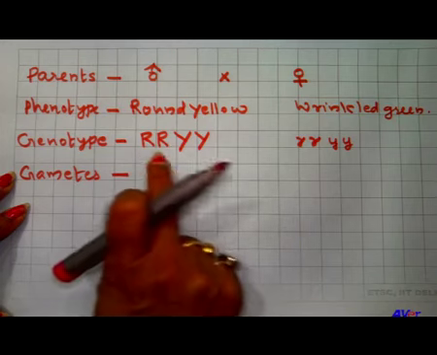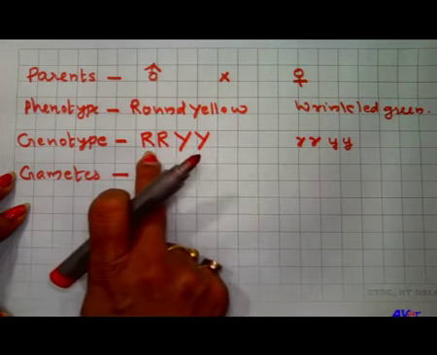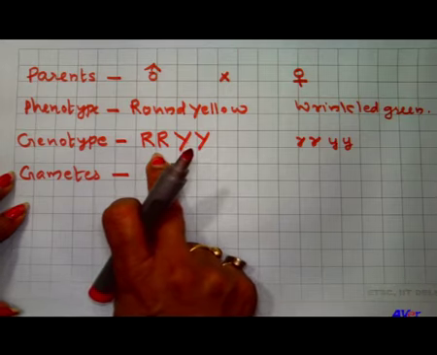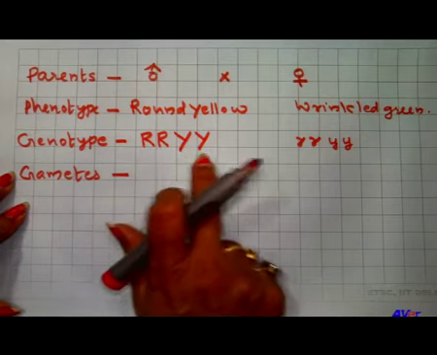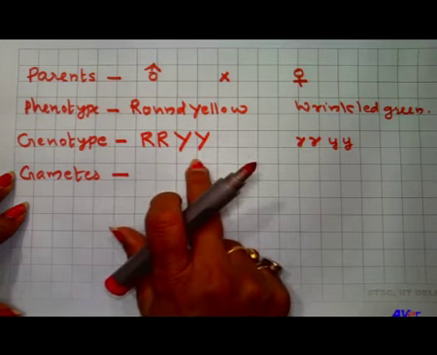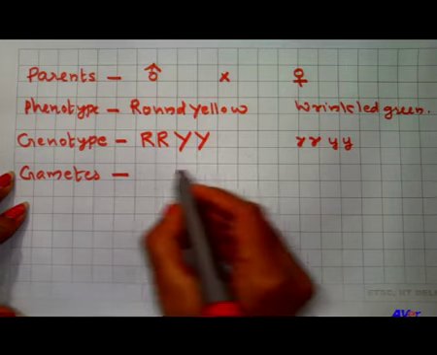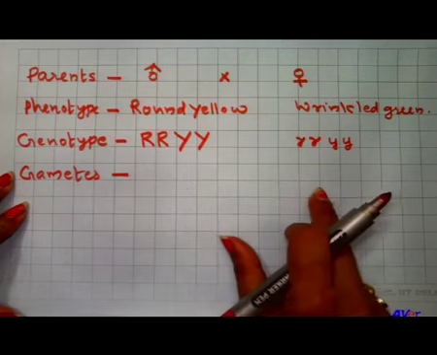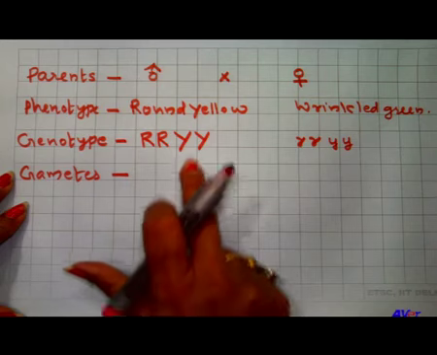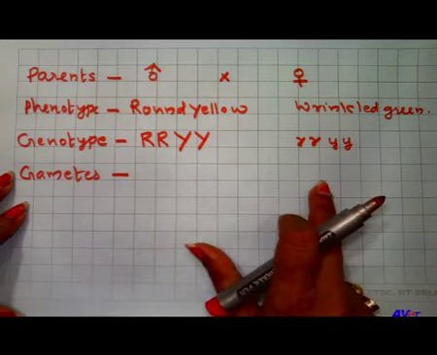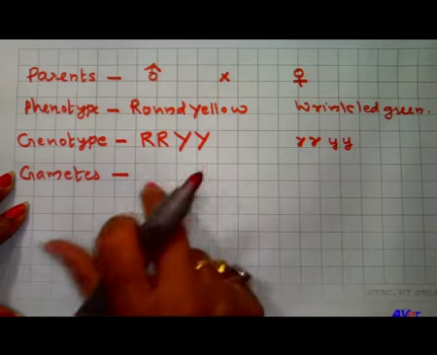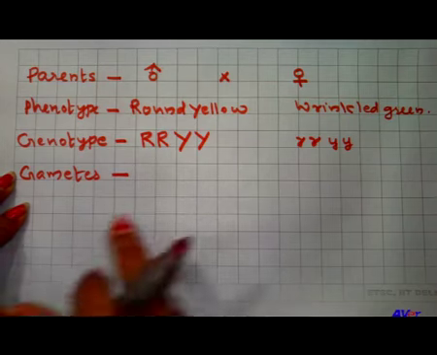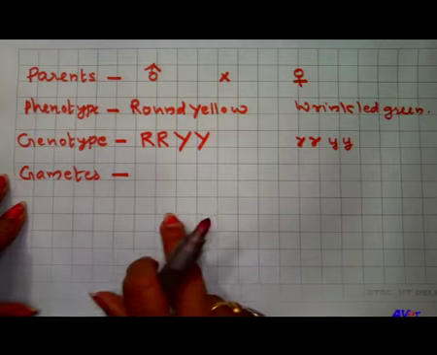The separation of the first pair of alleles is independent from the separation of the second pair of alleles, and the separated alleles assort at random, producing 4 different types of gametes. This is the concept and the conclusion that we will learn in the law of independent assortment.